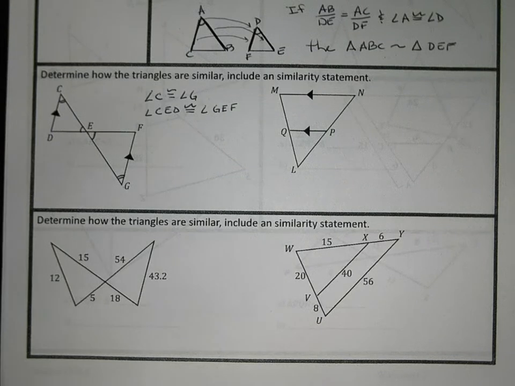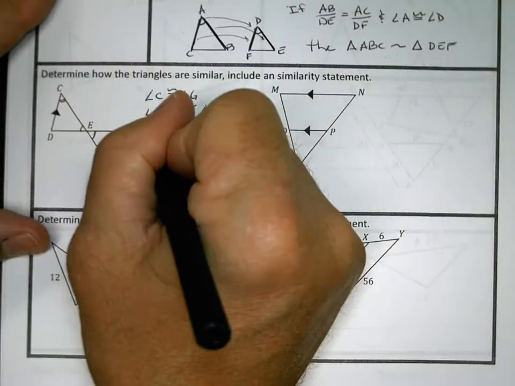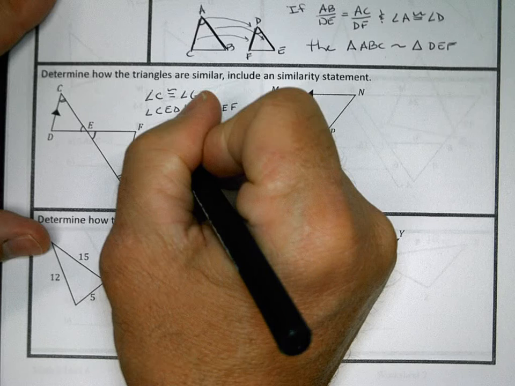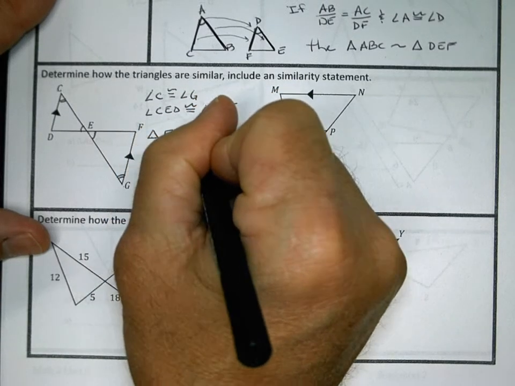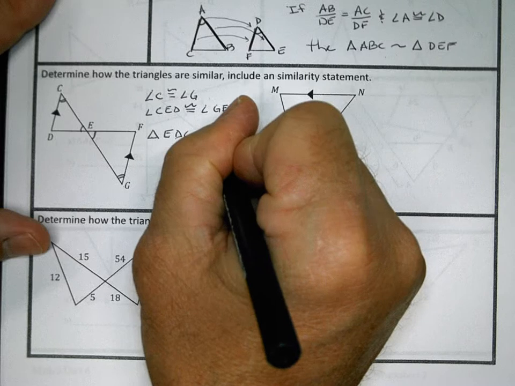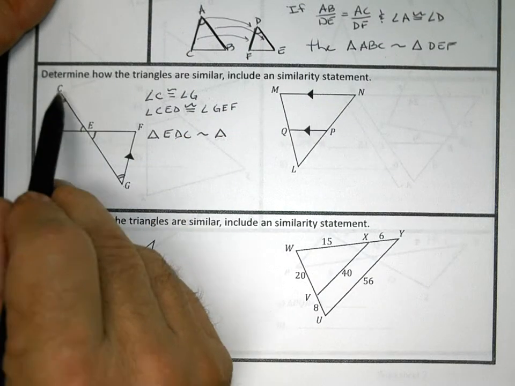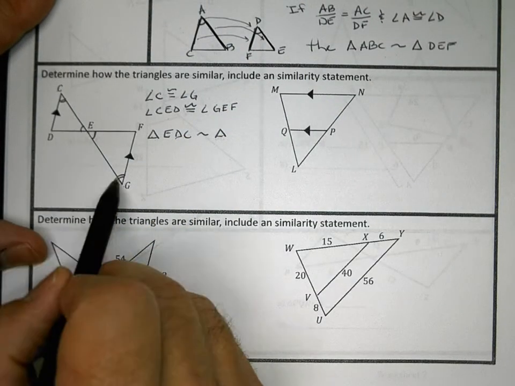And since we can say that, we can go ahead and say that triangle EDC is similar to triangle, now I want to be careful, EDC, so EFG.